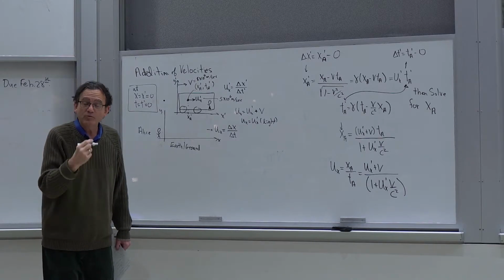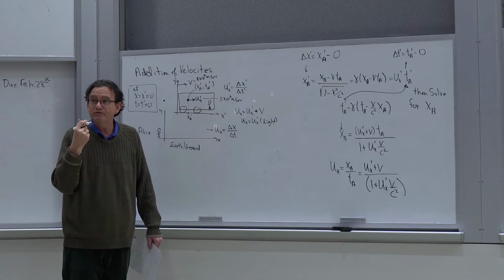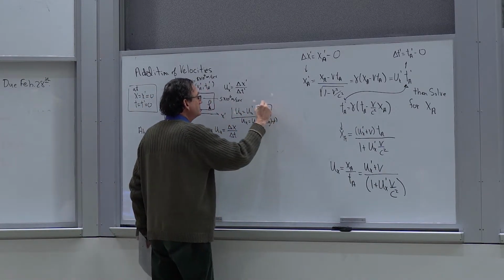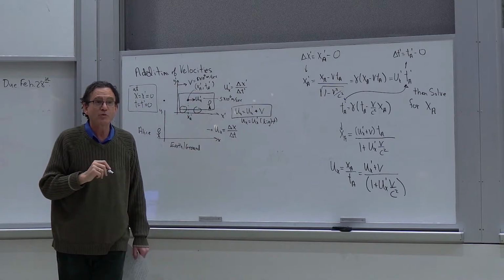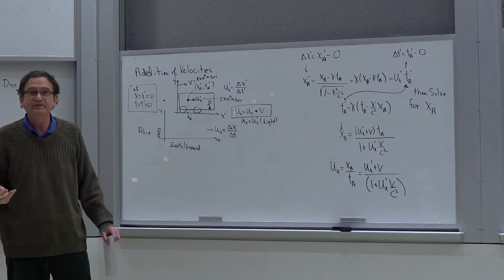And normally, as viewed from the ground, we said when velocities are very, very slow, we expect this equation to be true, because that's our normal experience. Velocities add.